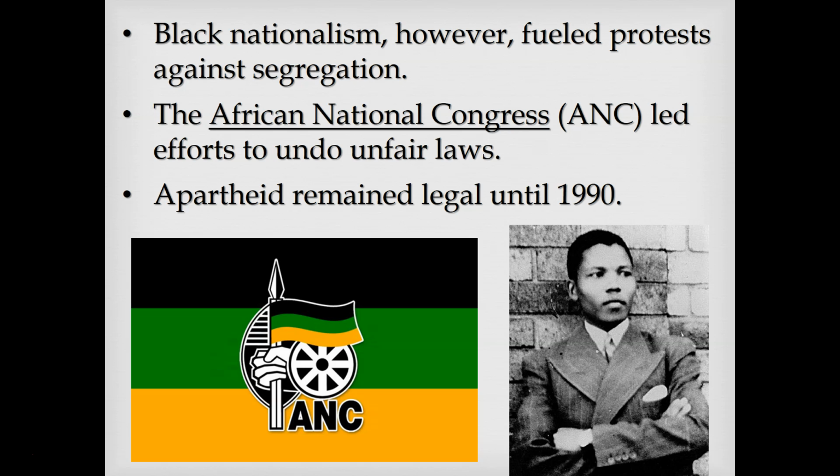And the ANC will eventually be banned by the white government of South Africa, and it will continue in the shadows. Many of its members were sent to prison, such as this guy down here, Nelson Mandela, the most famous South African probably of all time, and a man we will come back and revisit later this year. Apartheid would continue being the law of the land in South Africa all the way until 1990.